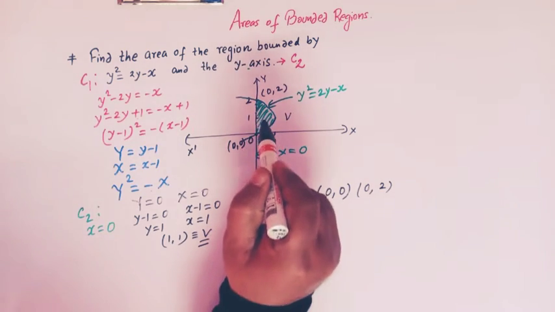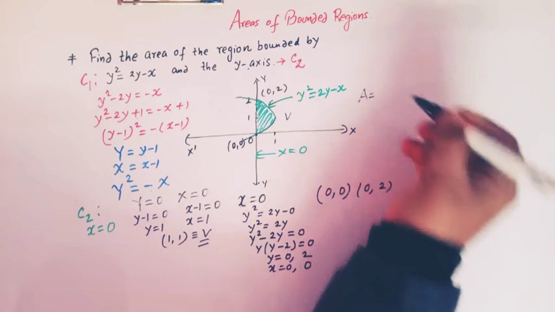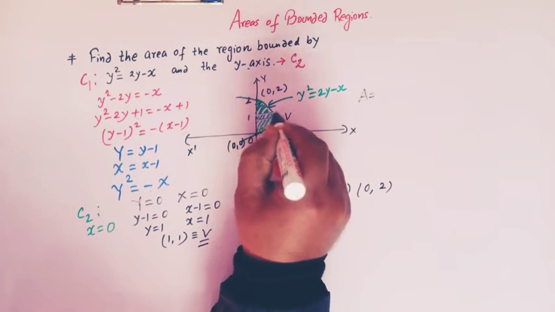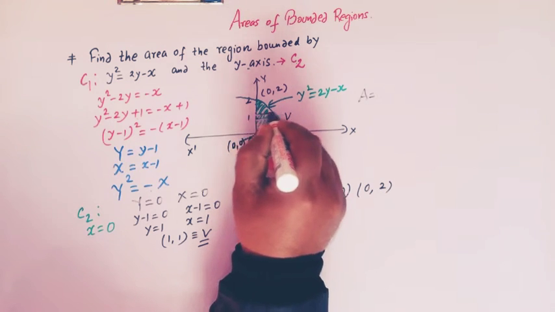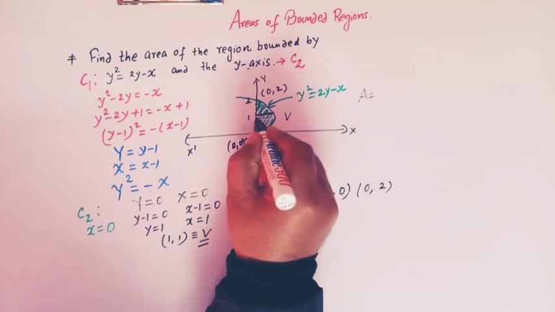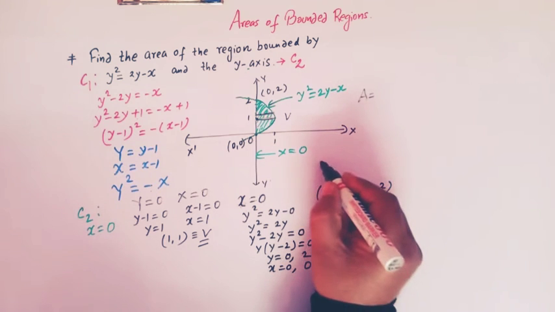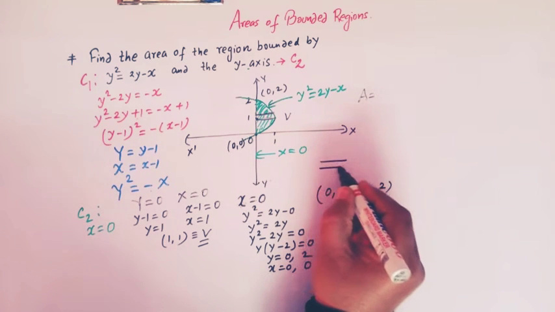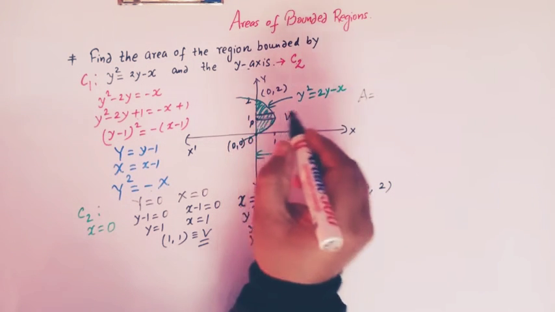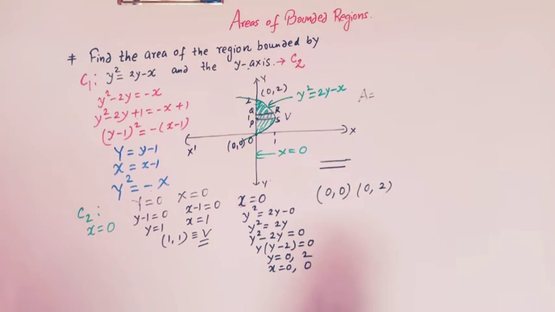Now to obtain the area of this shaded region, we have to draw a horizontal strip. So here we have this strip, and this strip is the horizontal strip. It looks like this, and say this is point P, this is point Q, this is point R, and this is point S, right?